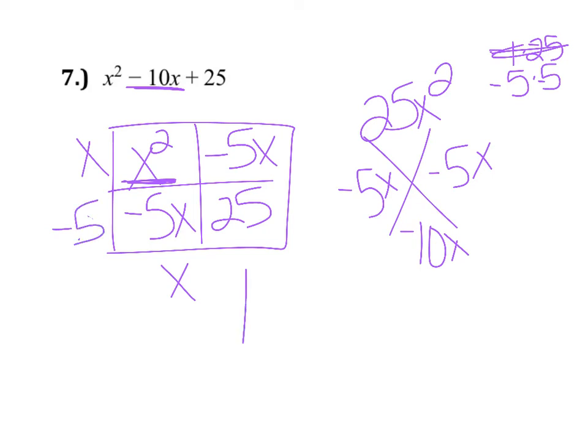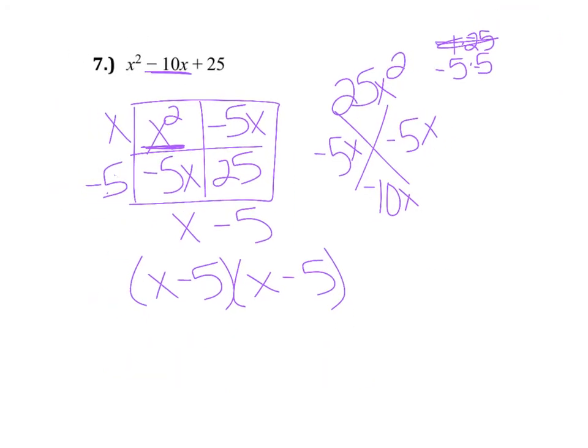And then down here, we need something times negative 5 to get 25. You could take 25 and divide it by negative 5 to get negative 5, or you could just figure out that it's going to be negative 5. So this ends up being x minus 5 and x minus 5.